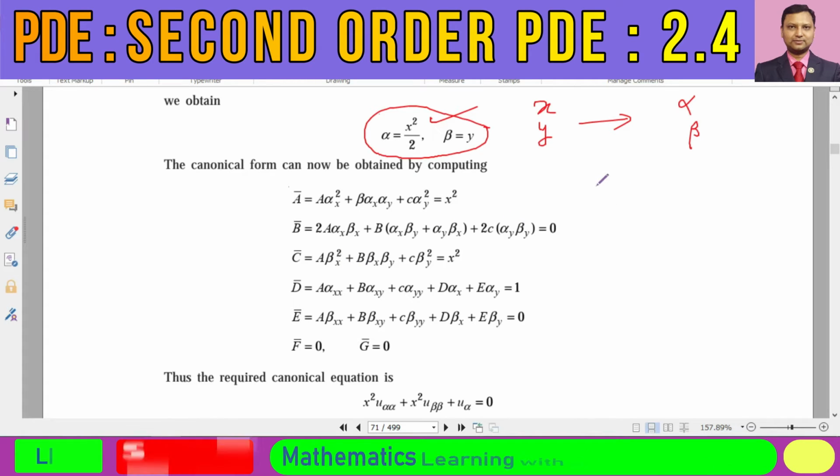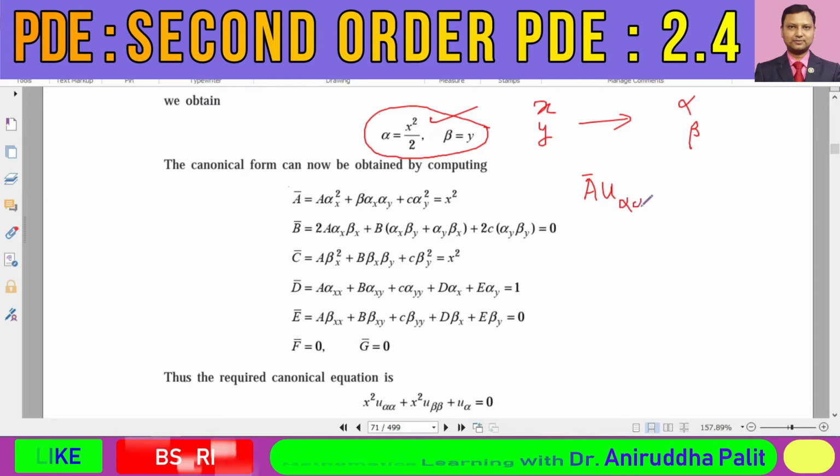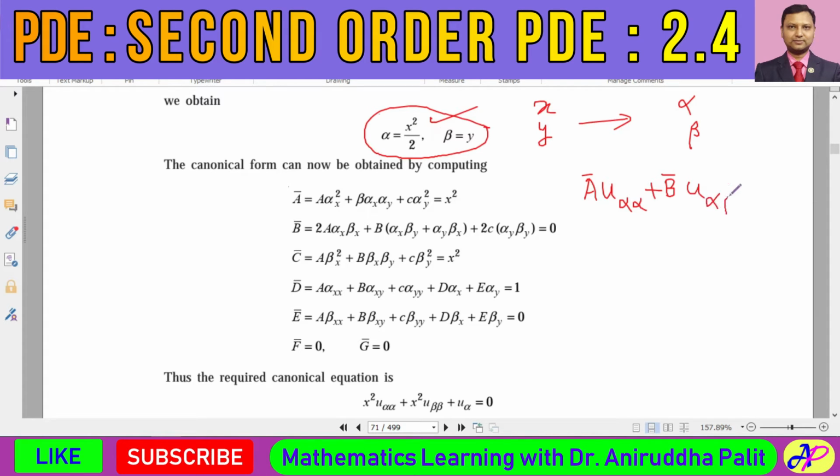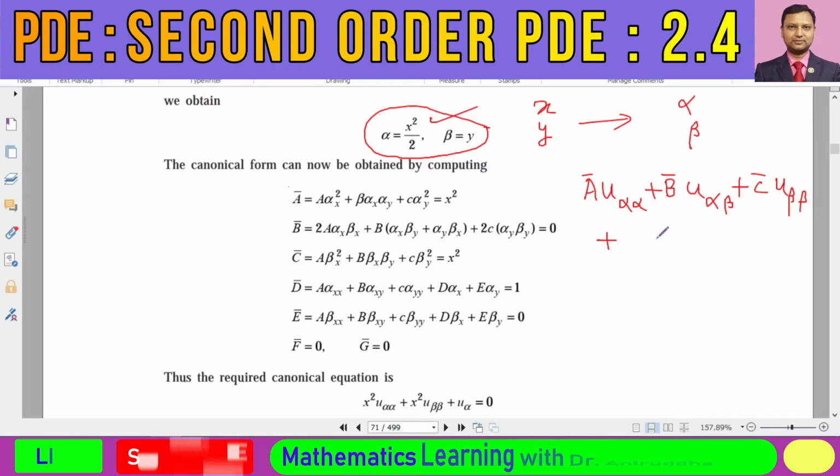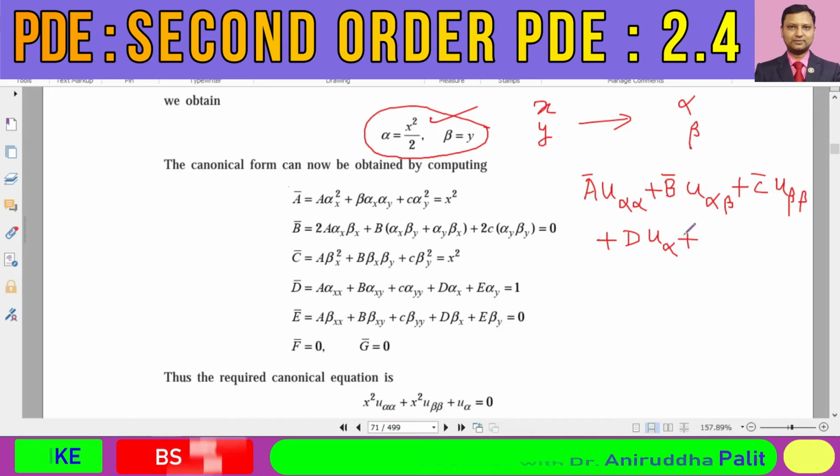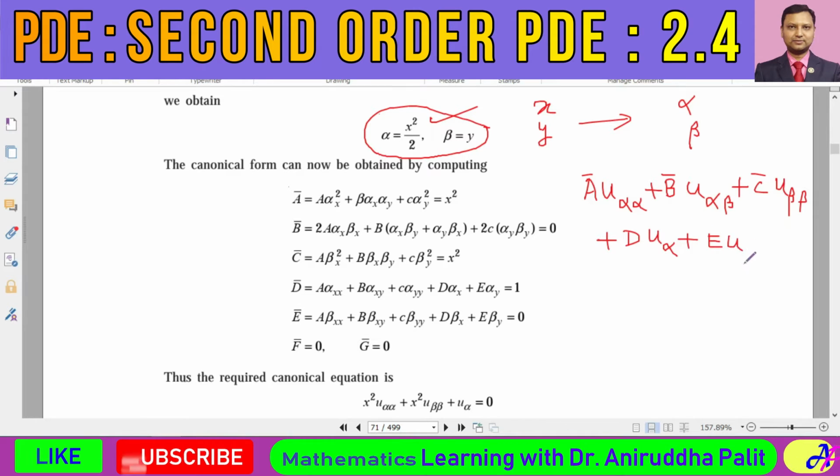So the partial differential equation should look like this: a bar into u alpha alpha plus b bar into u alpha beta plus c bar into u beta beta, and finally d bar into the partial derivative u alpha, then e bar into partial derivative u beta, plus f bar into u is equal to g bar.